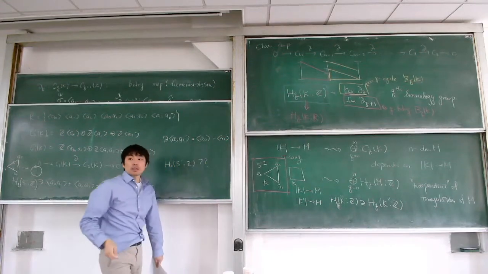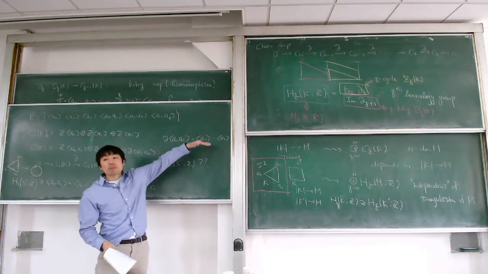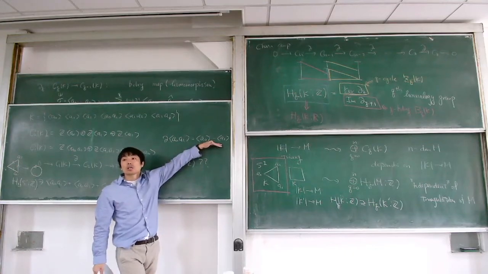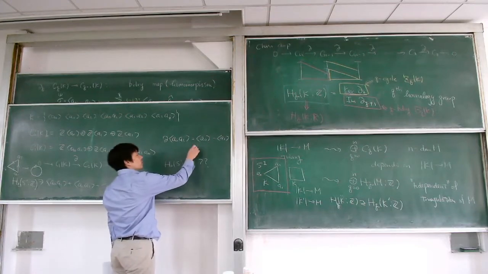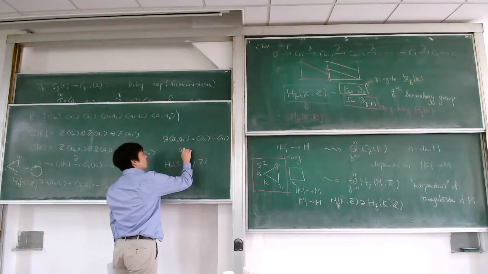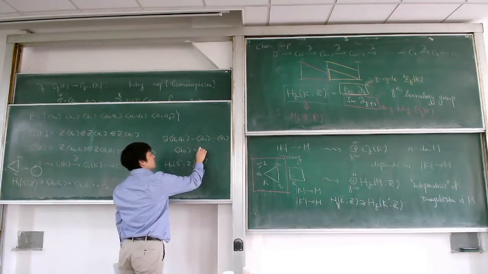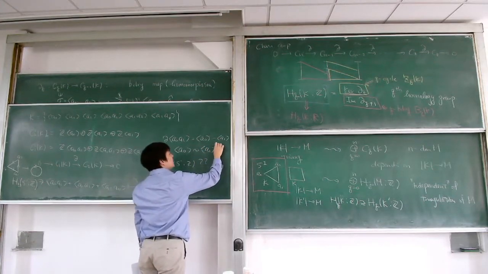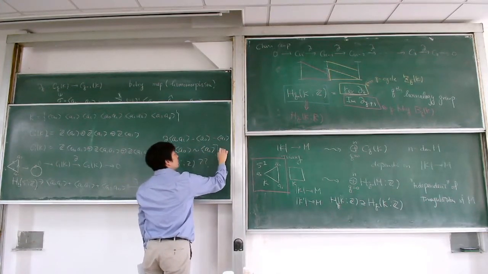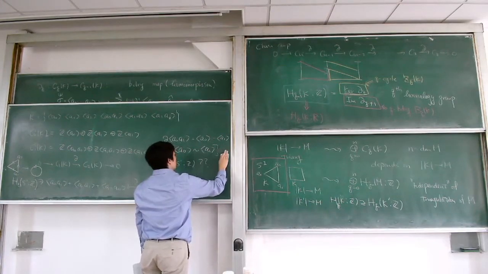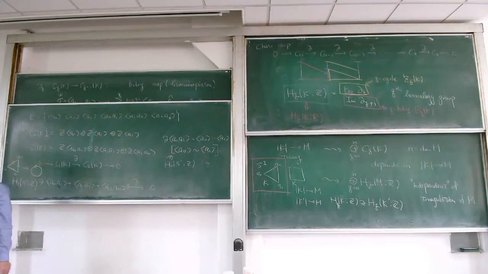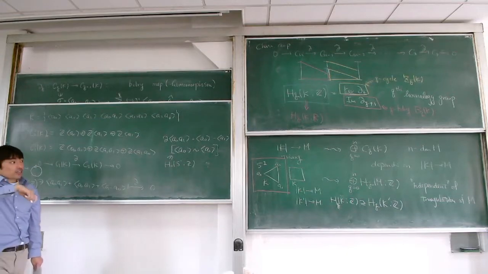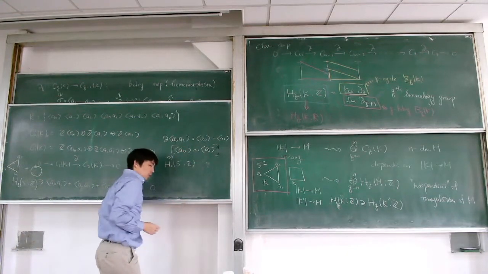So this is the image. This gives you A0 is equivalent to A1 inside the zeroth homology, so they're the same element.